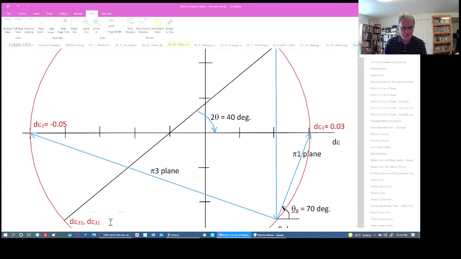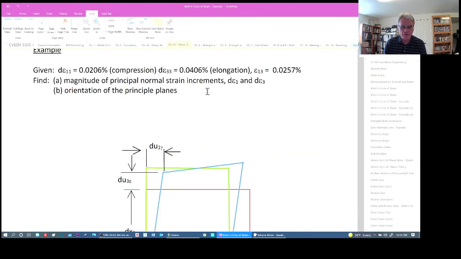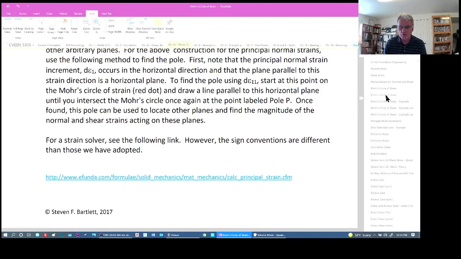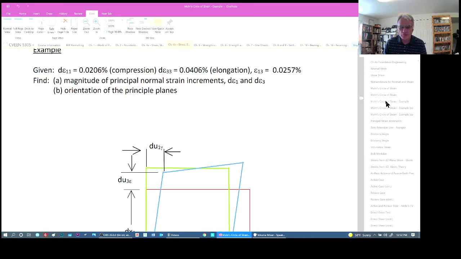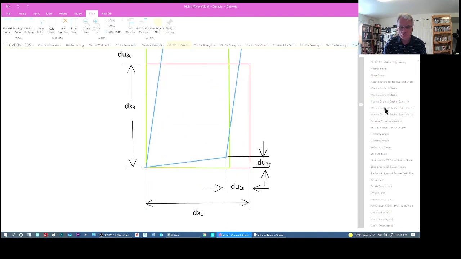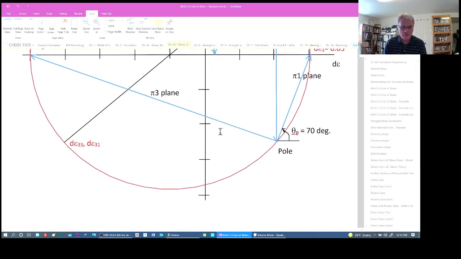Correspondingly we need d epsilon 33 and d epsilon 31. So if we go back here, we see d epsilon 33 is 0.046 and the same 0.0257 that we saw before. So we can go down and check that.